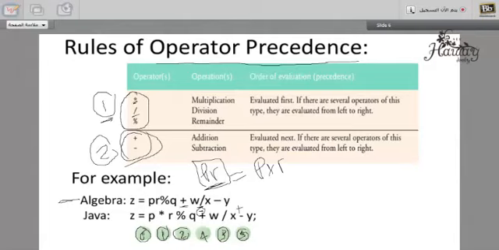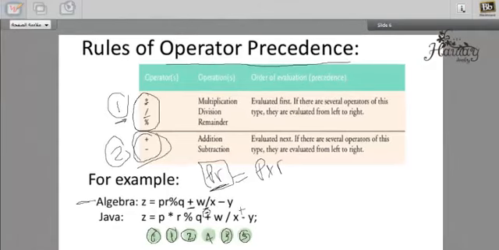Okay, let me make things a little bit more complicated. Let me delete these few things so I can put my brackets.